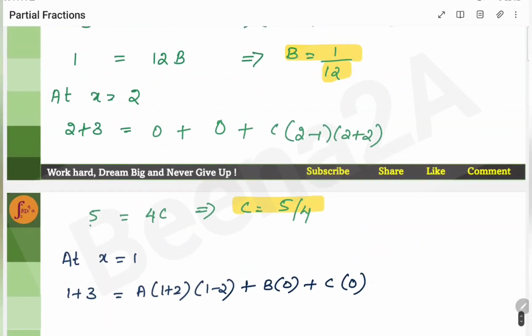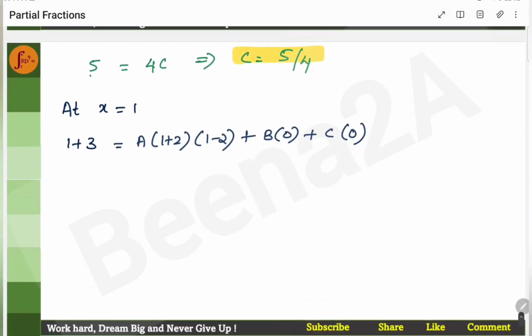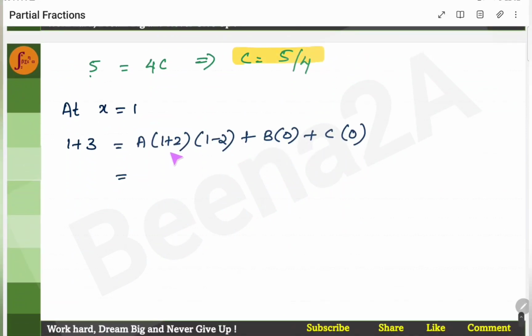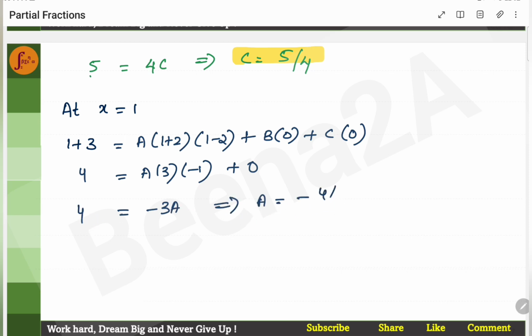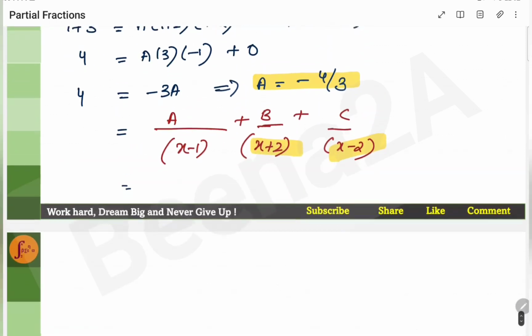So b and c will become 0 because 1 minus 1 is 0. So I'll get 3 into minus 1 is minus 3a is equal to 4, which implies a is equal to minus 4 by 3.